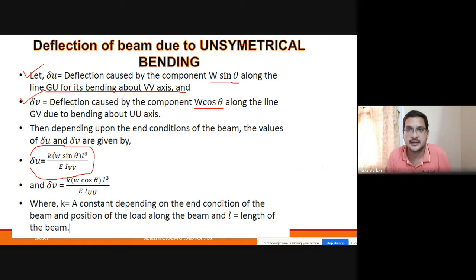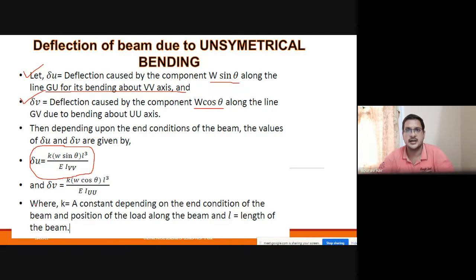In those determinate structures, the deflection formula had some factor. For example, a simply supported beam under UDL has deflection 5 by 384 W L cube by E I.